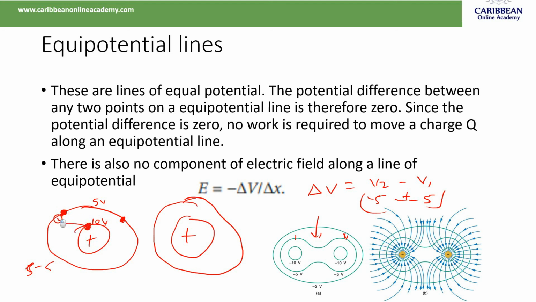Then to find that potential difference, it's going to give us obviously a value, because 10 minus 5 will give you 5. Because they're not on the same line of potential, you're obviously going to have a potential difference. But if they're on the same line, then there's not going to be a potential difference. All right?